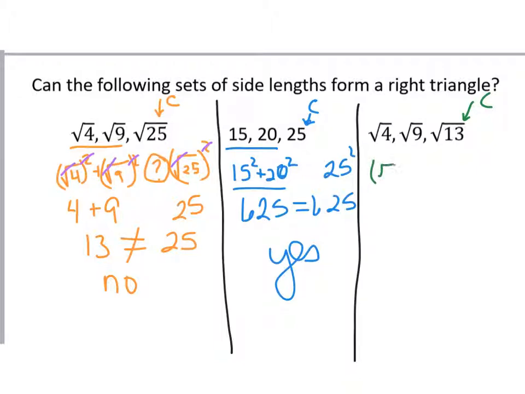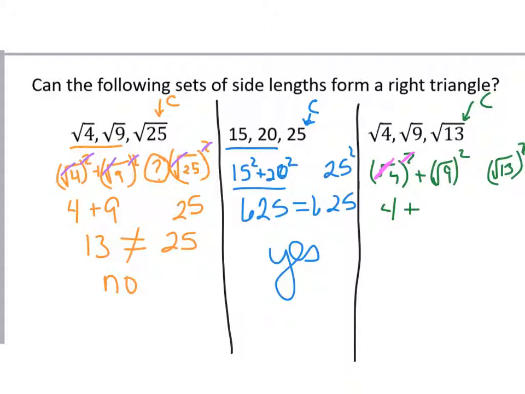So then the square root of 4 squared plus the square root of 9 squared, does that equal the square root of 13 squared? Okay, and then remember, just like last time, my square roots and my squares cancel, so that first one is just 4.